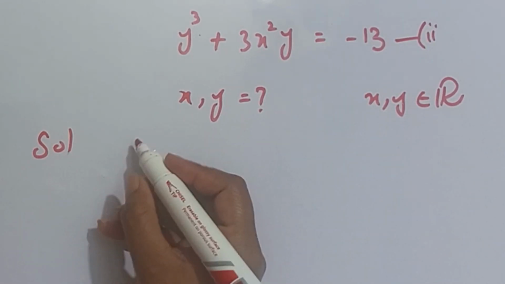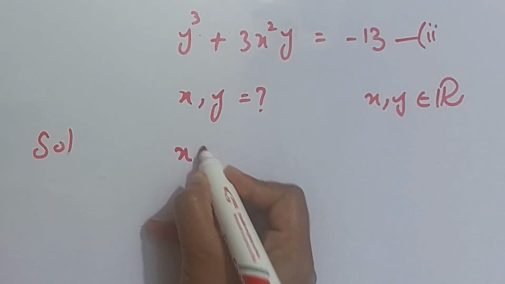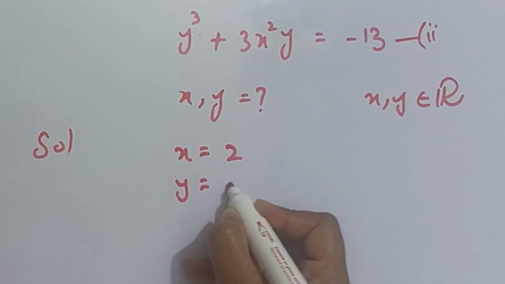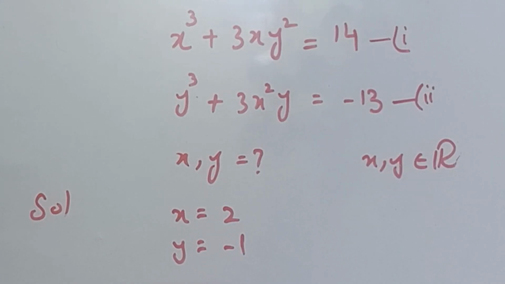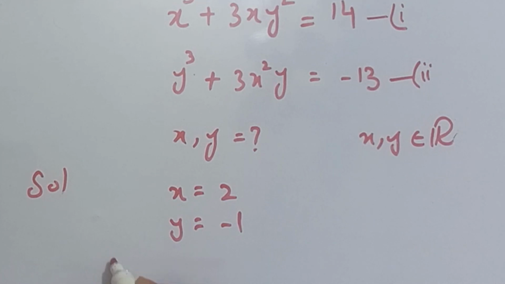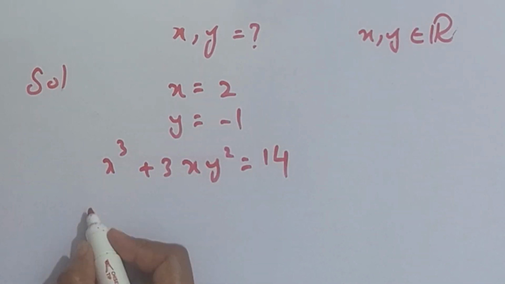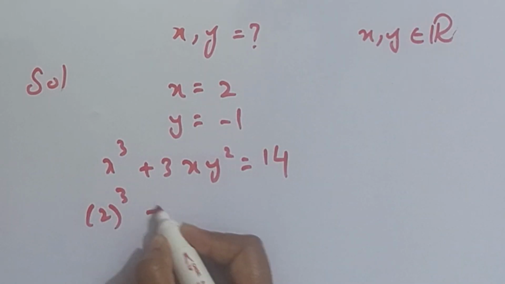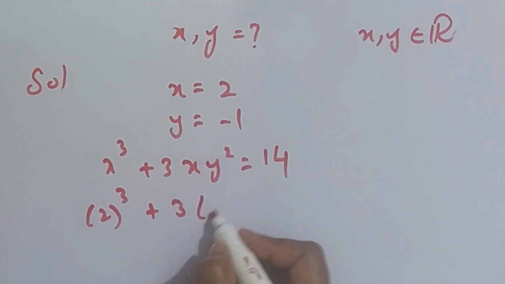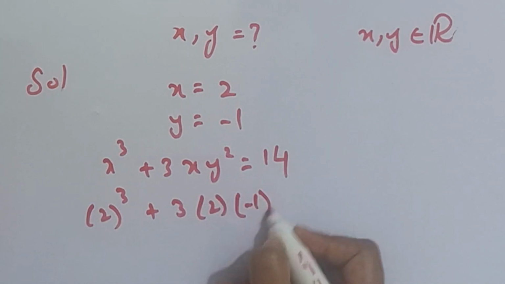Now verify our answer. x is 2 and y is negative 1. So for verification, we select equation 1, which is x cube plus 3 times the product of x y square is equal to 14. So this is 2 cube plus 3 times x is 2 and y is negative 1 whole square.